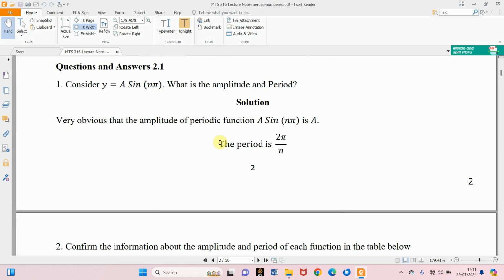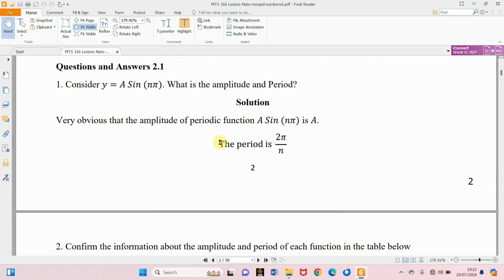Now what about the period? One thing we can learn from examples 1 and 2 is that the period of sine nx is 2 pi over n. So we can use 2 pi over n to obtain the period of any periodic function.